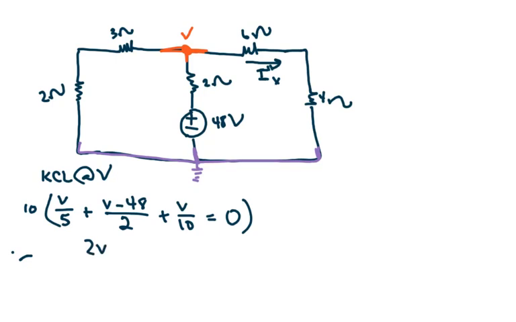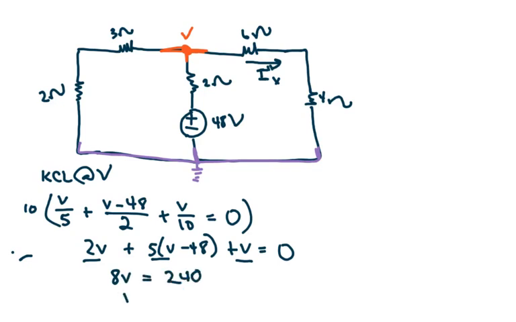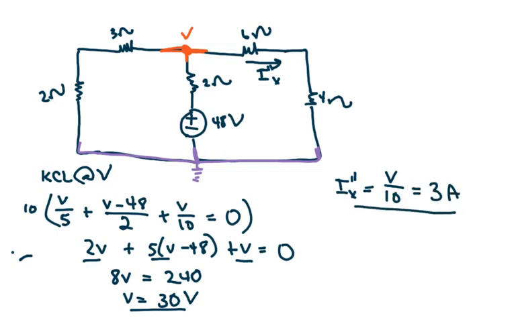So we'll have 2V plus 5 times V minus 48 plus V equal to 0. We combine our like terms, and that will be 8V equal to 240. So V will be equal to 30 volts. We want Ix double prime, and that's equal to V over 10. So that will be 3 amps.